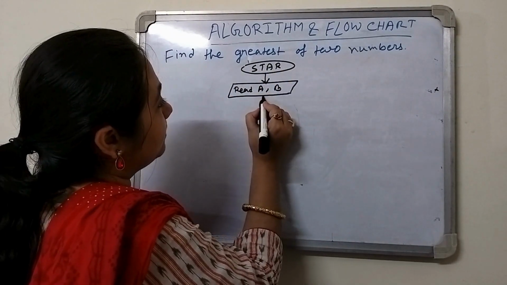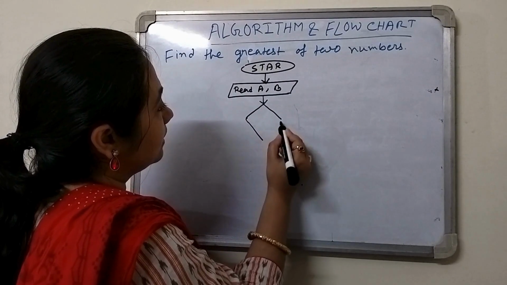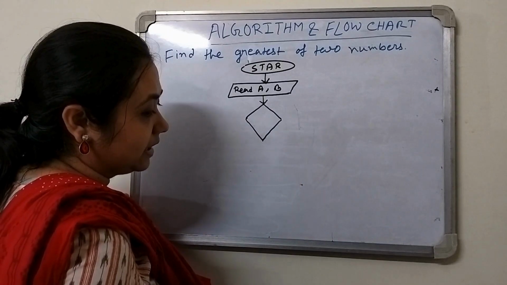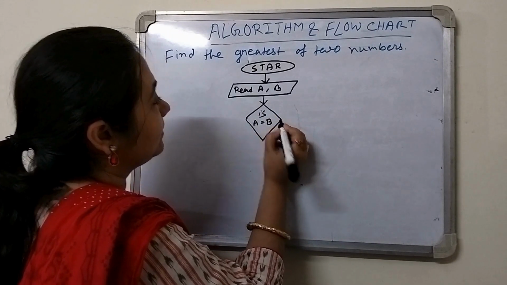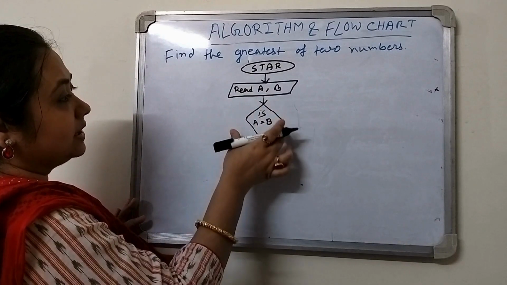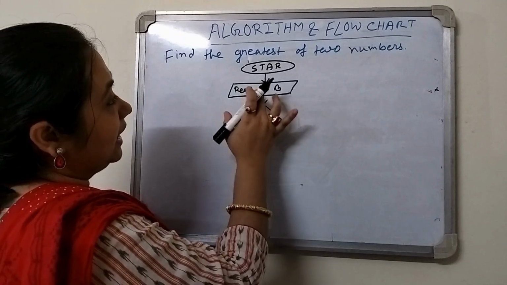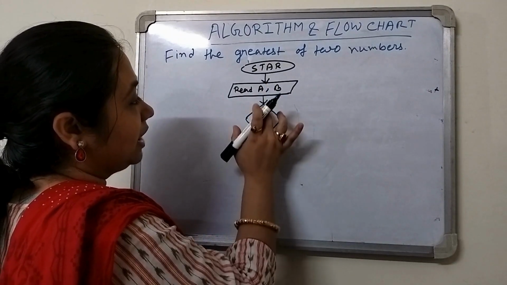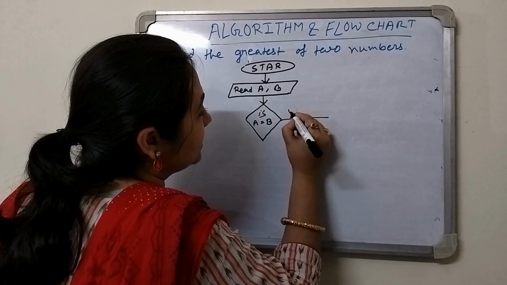Now there is the point of checking. This is the symbol of the checking. What will we check? We check whether A is equal to B. That means in this checking step, we will check whether A and B are equal or not. How many results will we get?